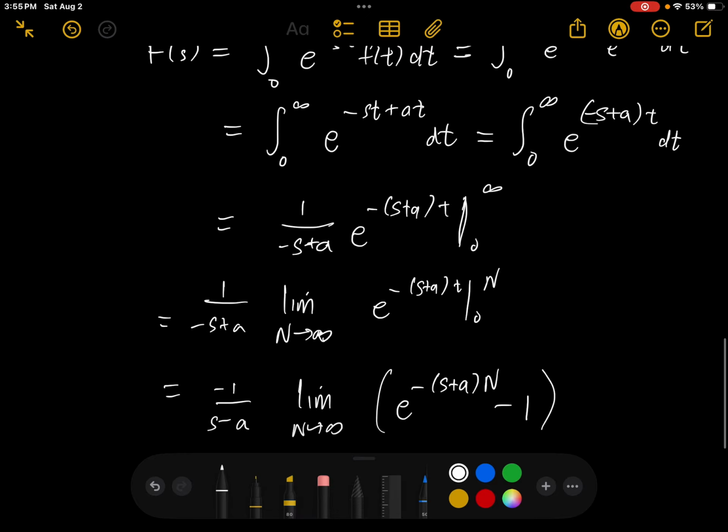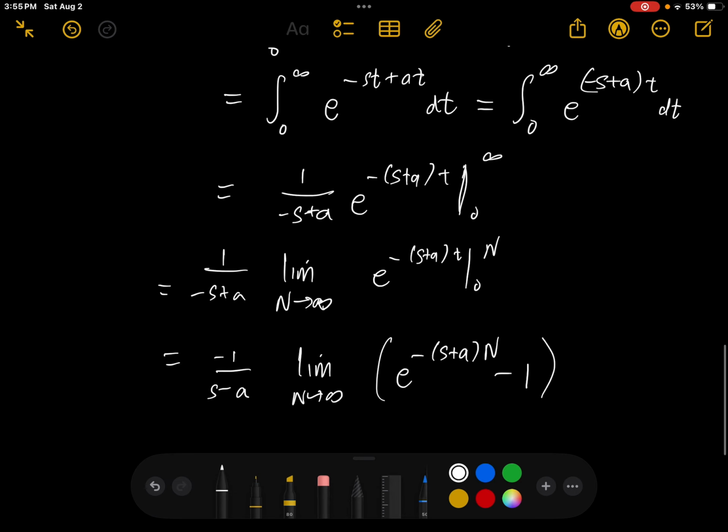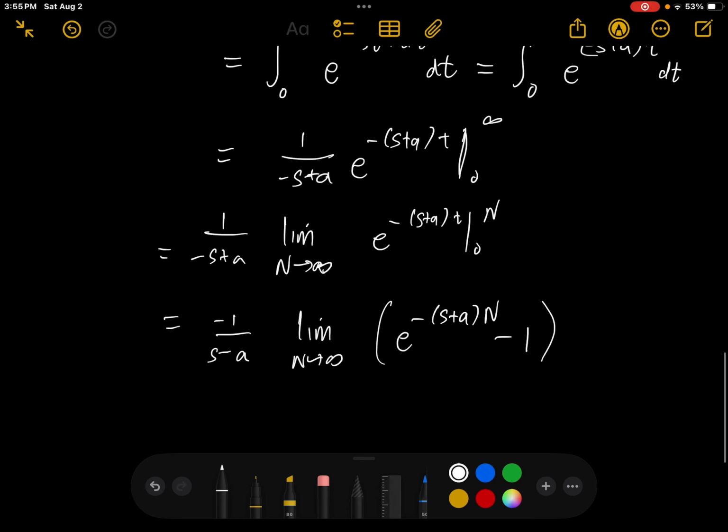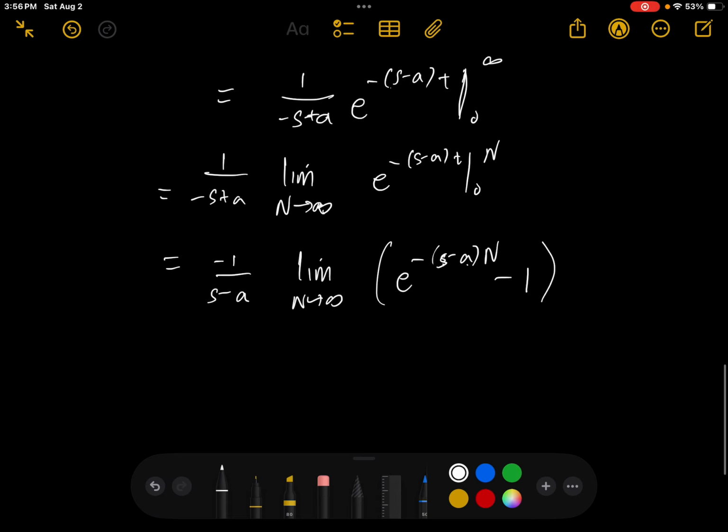Is it s plus a? Negative s plus a. Oh no, I didn't factor this. I should have factored out the minus here. So it should be s minus a. Like that. There we go.